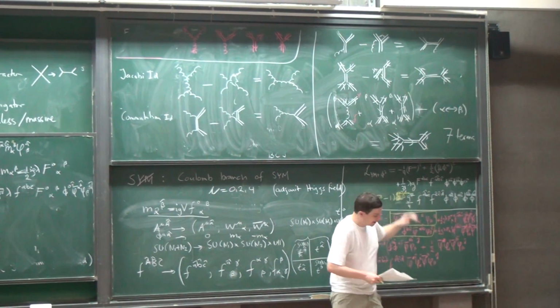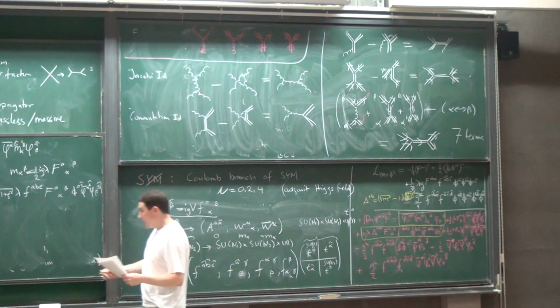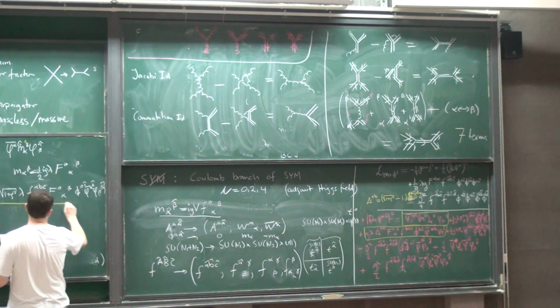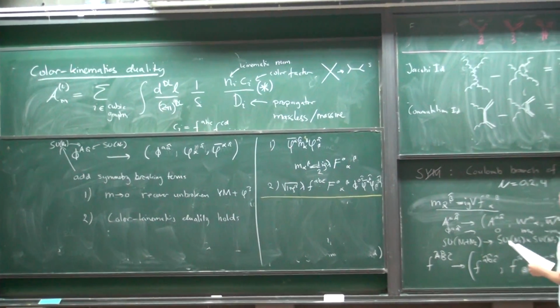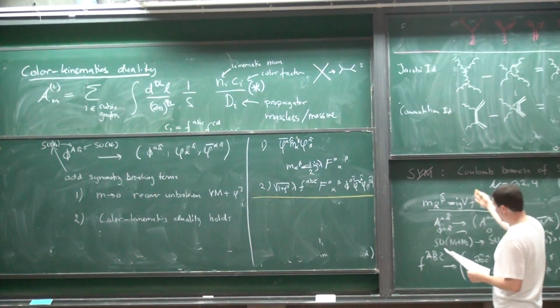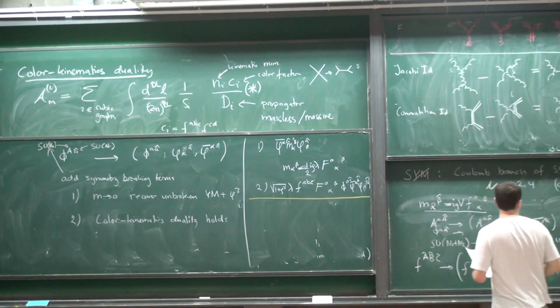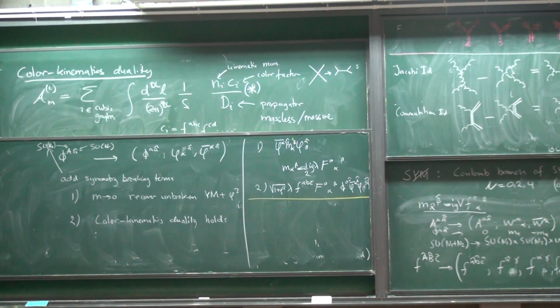But anyhow, now I'm basically done. Now I have two Lagrangians: my spontaneously broken super Yang-Mills, and my explicitly broken Yang-Mills phi cubed, including all of these terms.